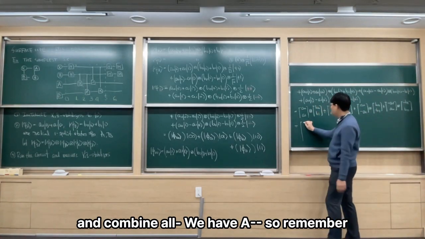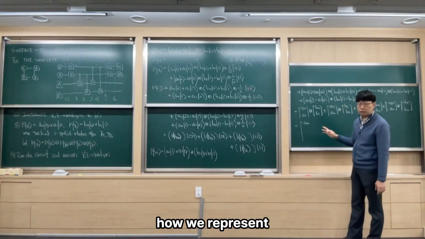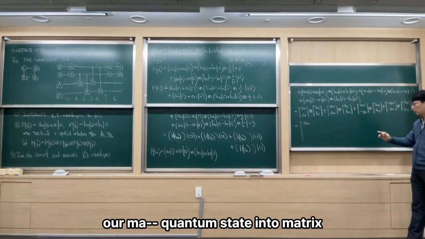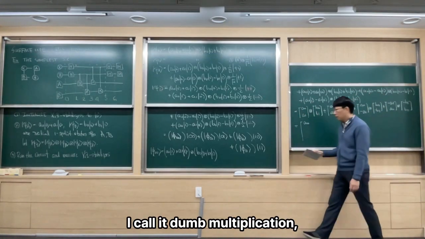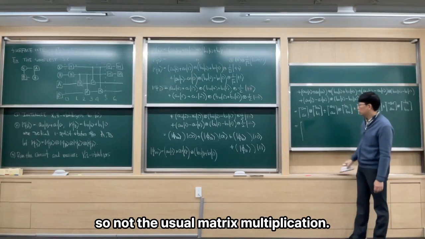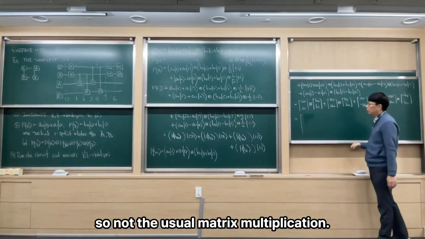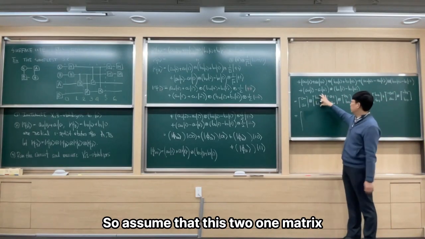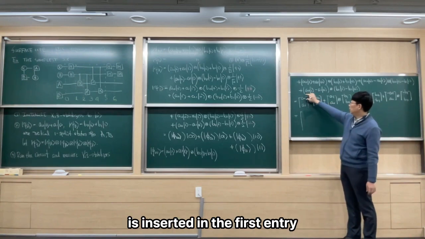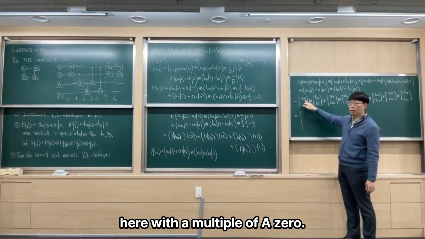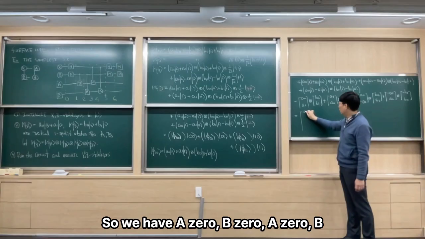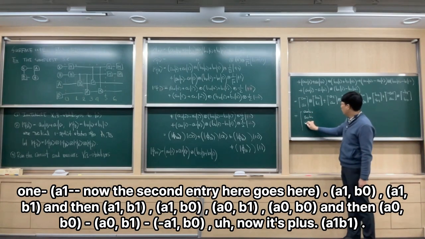So remember how we represent our quantum state as a matrix? By tensor product, you do the, I call it dumb multiplication, so not the usual matrix multiplication. So assume that this 2x1 matrix is inserted in the first entry here with the multiple of A0. So we have A0 B0, A0 B1, A1.